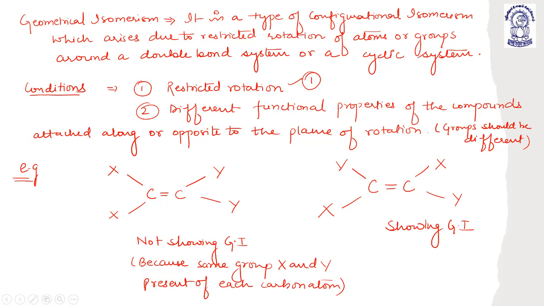Understood? These are the conditions of geometrical isomerism. Now, the fact is that these two carbons, when they are sp2 hybridized in a carbon-carbon double bond, form a sigma bond.